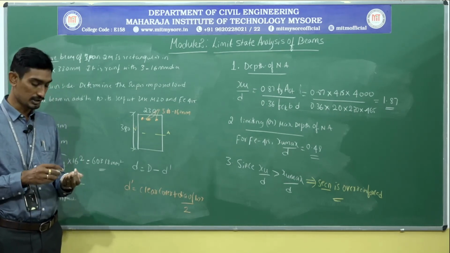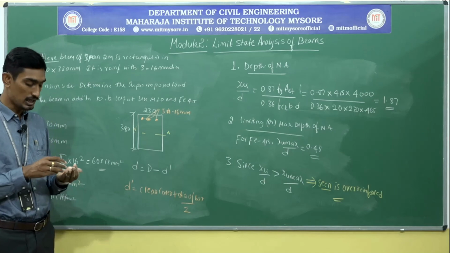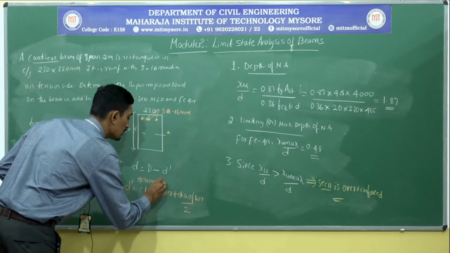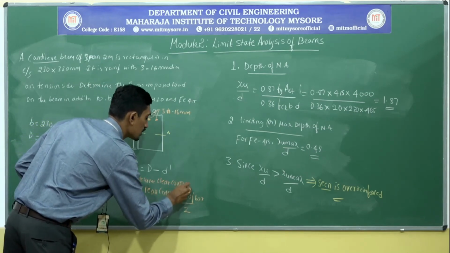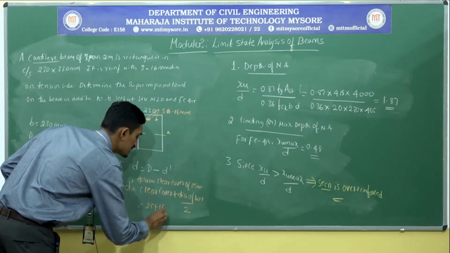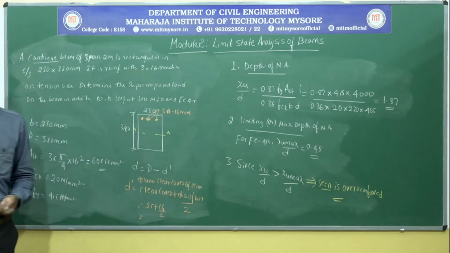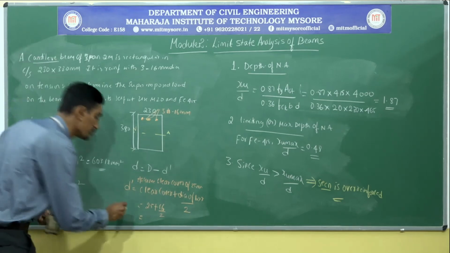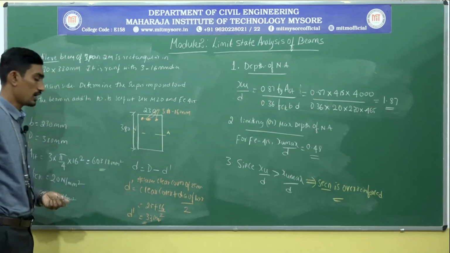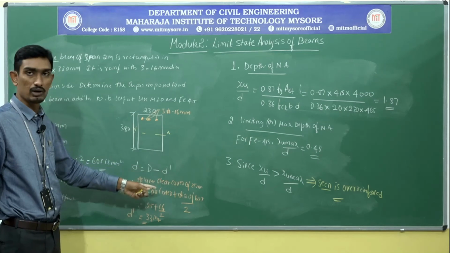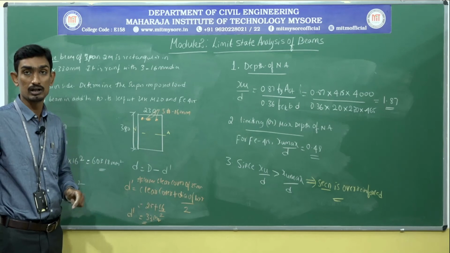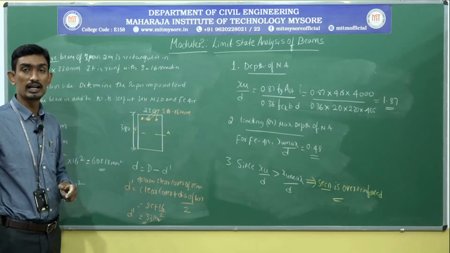So in this circumstance, for a beam, always assume a clear cover of 25 mm. So 25 plus 16 by 2. So d dash works out to be 33 millimeter. So whenever they are not giving the effective cover, there is one more method to calculate it. In the last problem, effective cover was given, so we directly deducted it from the overall depth.